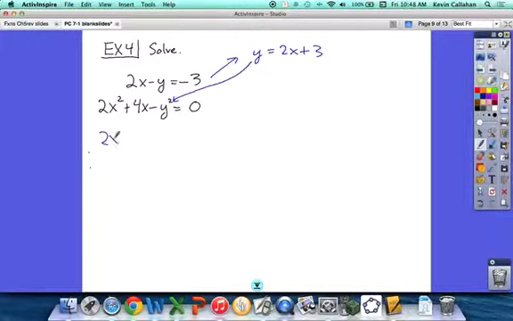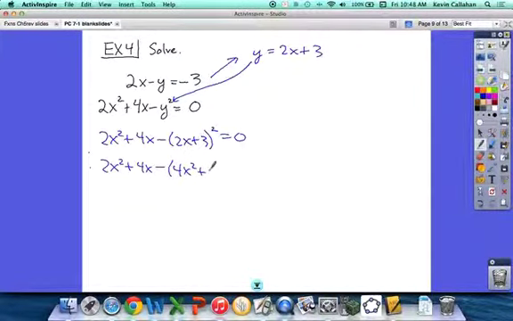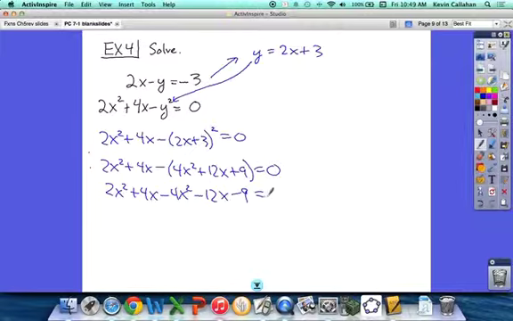So that's 2x squared plus 4x minus 2x plus 3 squared equals 0. 2x squared plus 4x minus 4x squared plus 3 times 6x plus 12x plus 9. 2x squared plus 4x minus 4x squared minus 12x minus 9 equals 0.